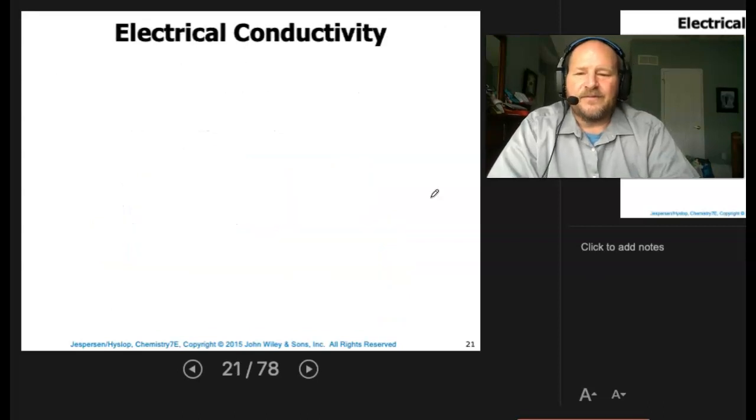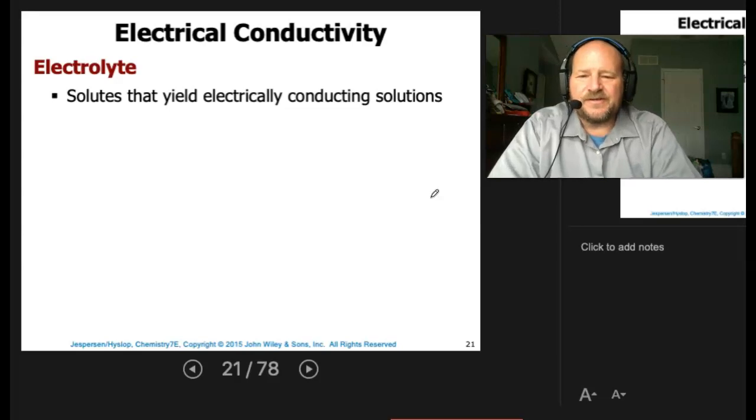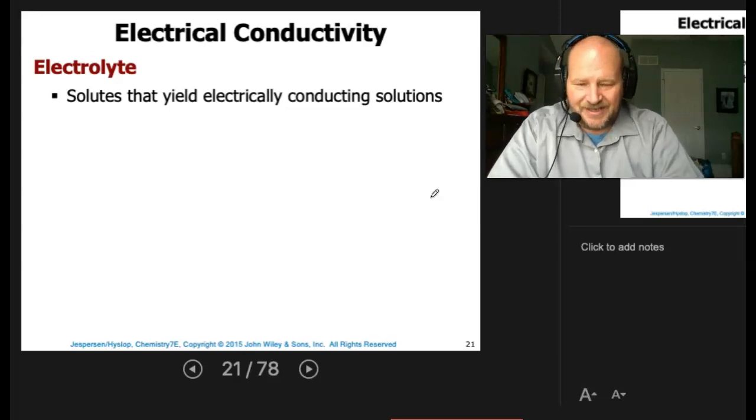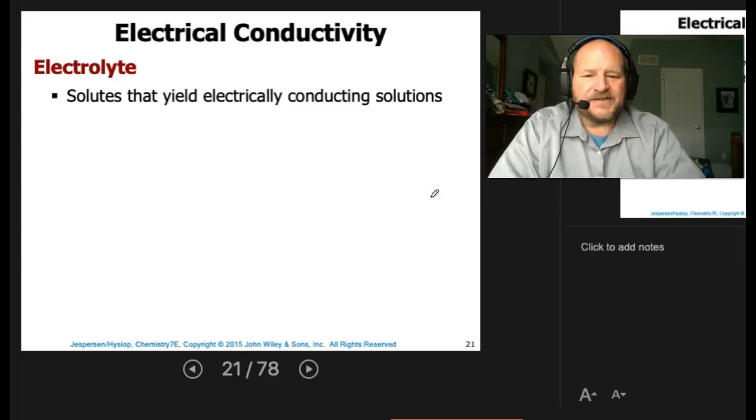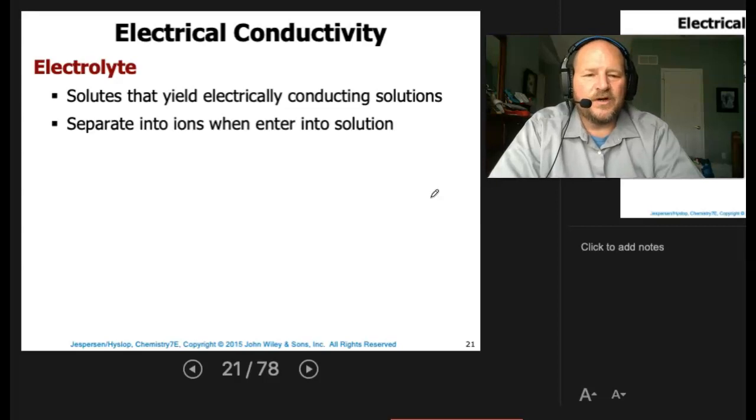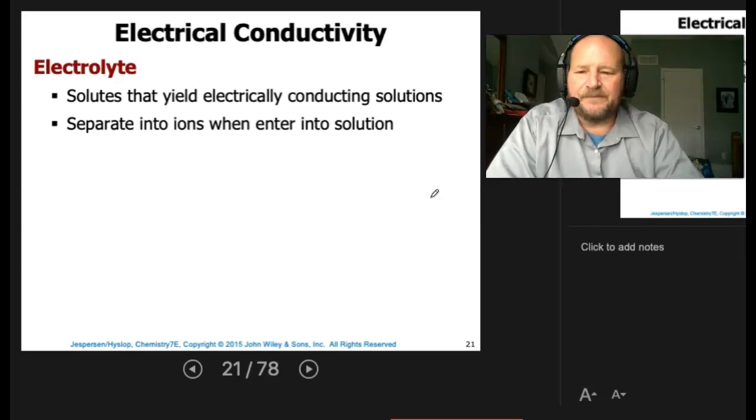Now, electrical conductivity is what's leading to this term electrolyte. Okay? So electrolytes are solutes that yield electrically conducting solutions. So if I dissolve that solute into the solution, the overall solution will conduct electricity.